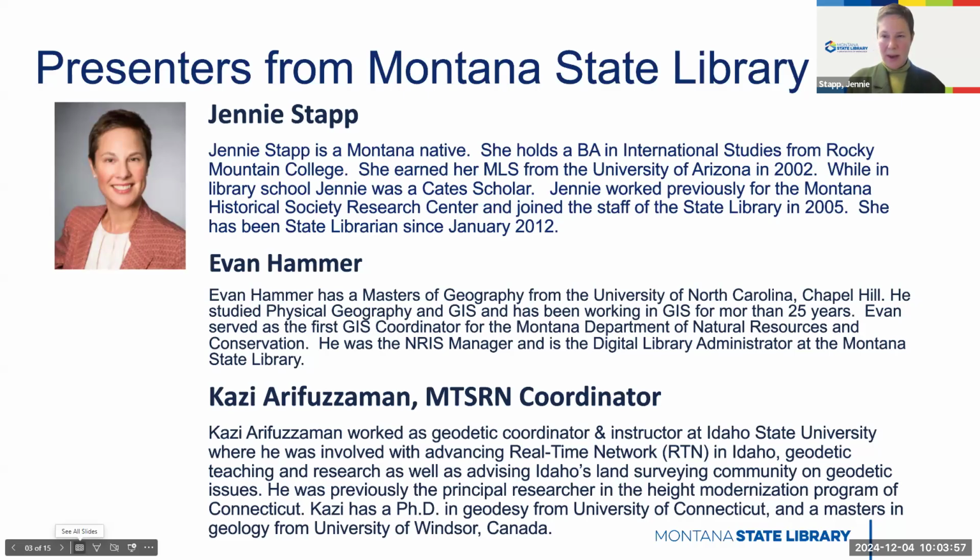We're also joined by Evan Hammer. Evan has a master's in geography from the University of North Carolina, Chapel Hill. He was the first GIS coordinator for the Montana Department of Natural Resources and Conservation, and then we hired him away in about 2008 or 9 as our NRIS manager, and he now serves as our digital library administrator.